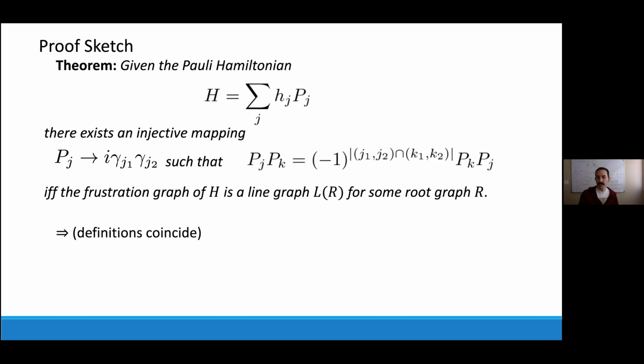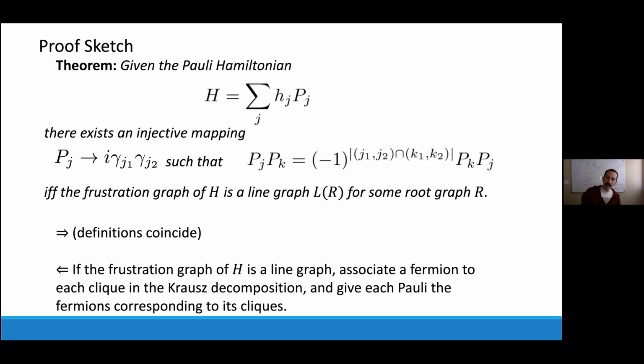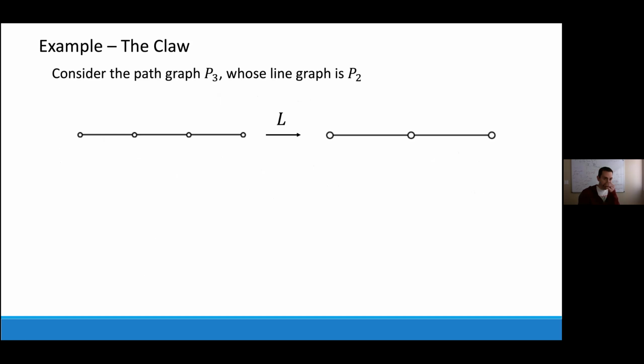So one of these directions is sort of trivial. It's just that the definitions coincide. And the reverse direction just uses this Krausz decomposition, which is basically that we associate a fermion to each of these cliques in the Krausz decomposition, and we give the Pauli the fermions corresponding to its cliques. Okay? So let's do an example.